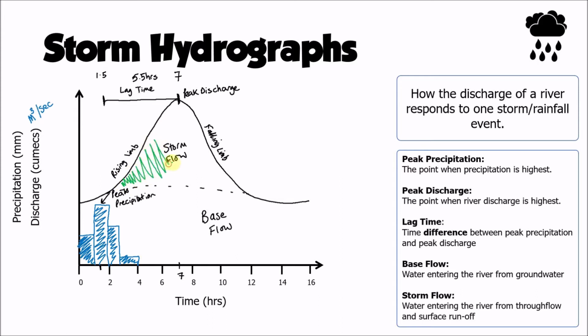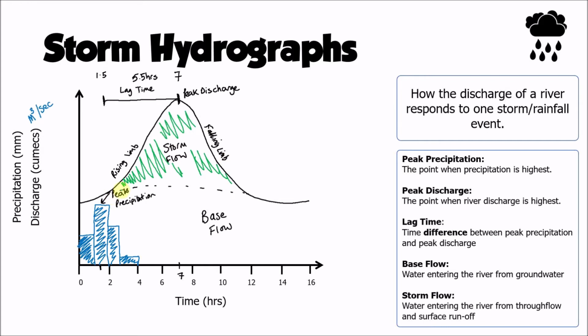All of this extra water here has been added into the river because of that rainstorm. So we can see that this rainstorm has produced quite a steep rising limb, a relatively short lag time, and quite a lot of storm flow.